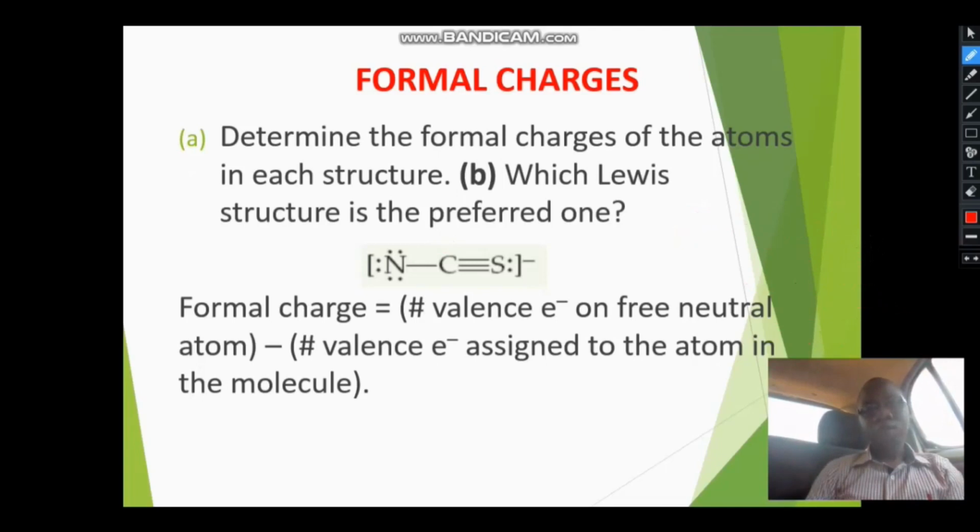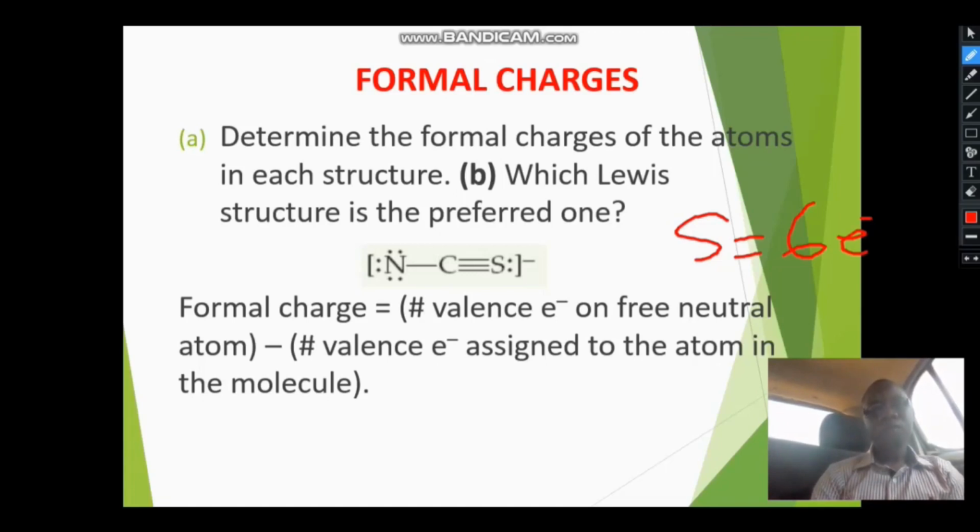Let's go to sulfur. The neutral atom of sulfur has 6 valence electrons. Now what are the electrons associated to sulfur in our molecule? We have 1 lone pair plus 3 bonds.